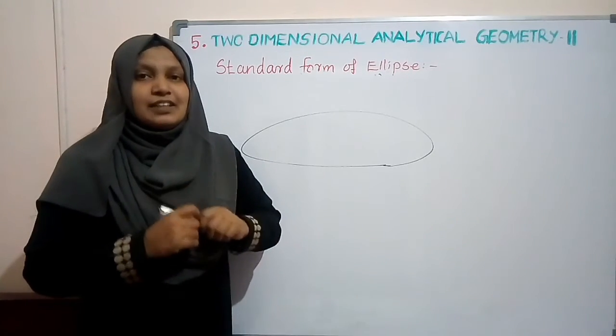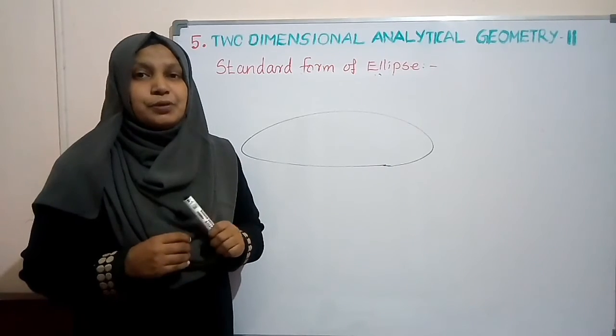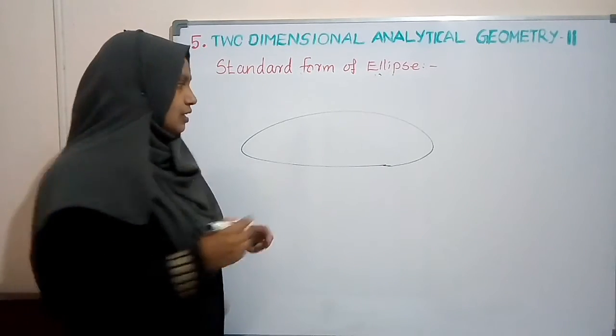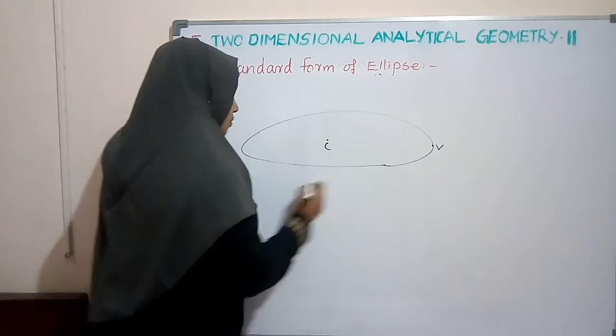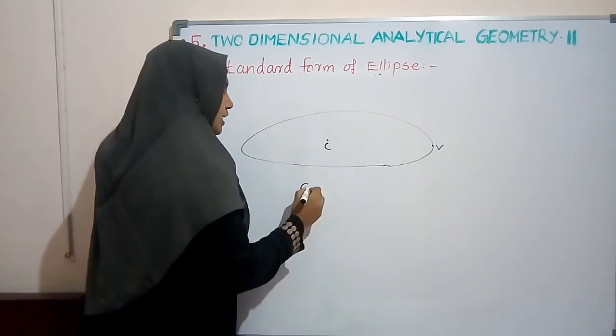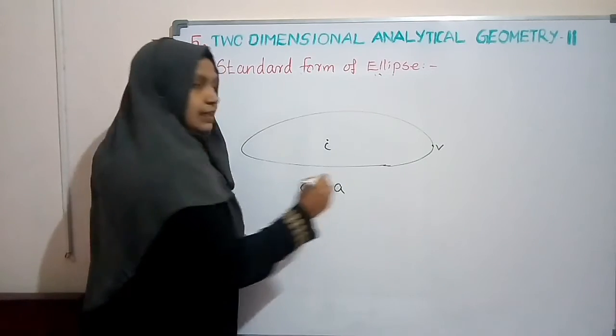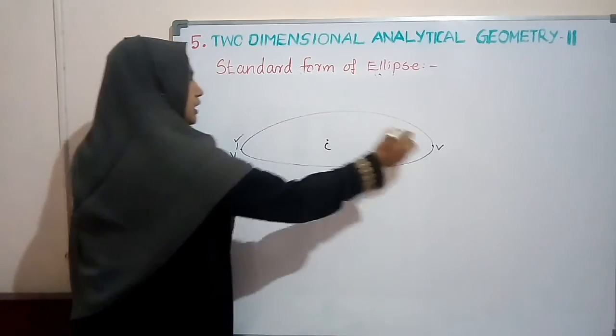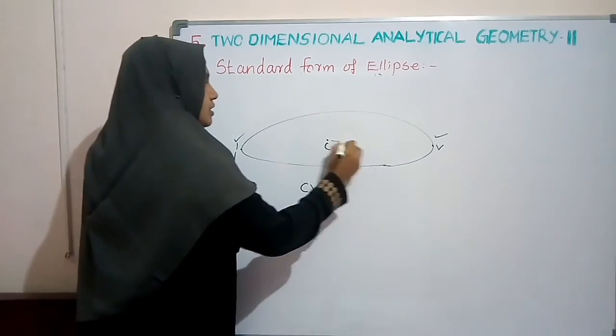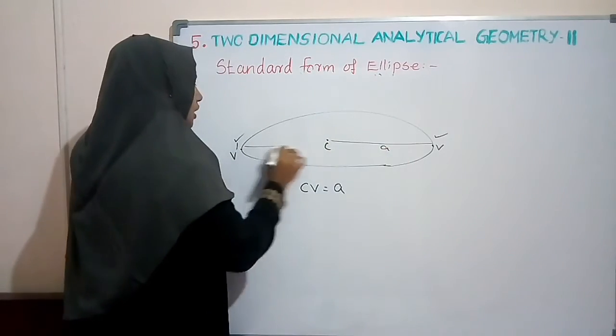So before entering into the exercise, we should know about some distances. If you consider the center and vertex, what is the distance from center to vertex? It is a. And vertex to vertex, the distance is 2a.